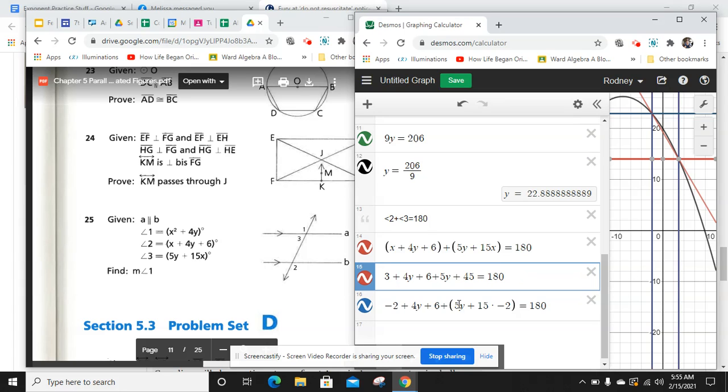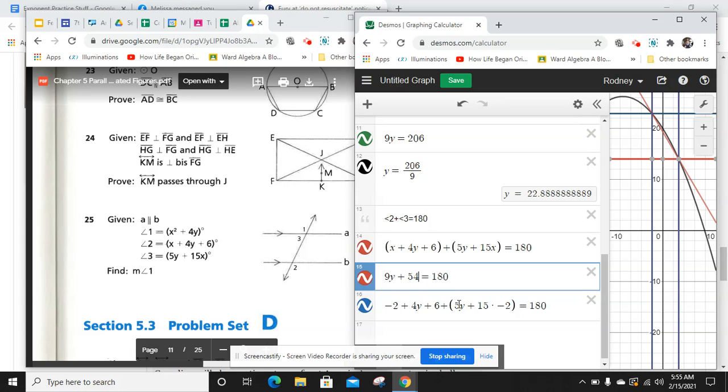So that's 45, 15 times 3. 3 plus 6 makes a 9. And then the 4y plus 5y makes a 9y. And then I can add 9 and 45, and I get 54 again.